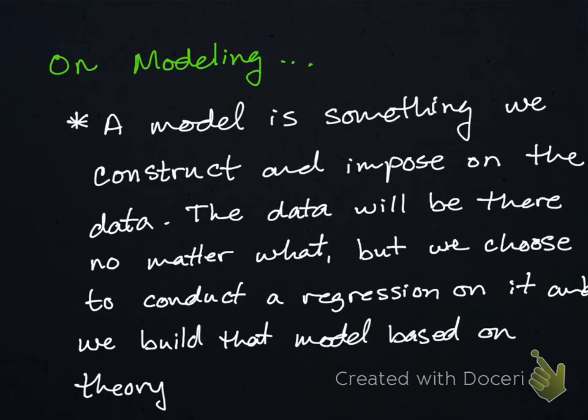So on modeling in particular, and what we mean by modeling, a model is something we construct and impose on the data. And I really want to emphasize those terms, construct and impose on the data. The data will be there no matter what, but we choose to conduct a regression on it, and we build that regression model based on some sort of theory, at least in ideal terms we would.